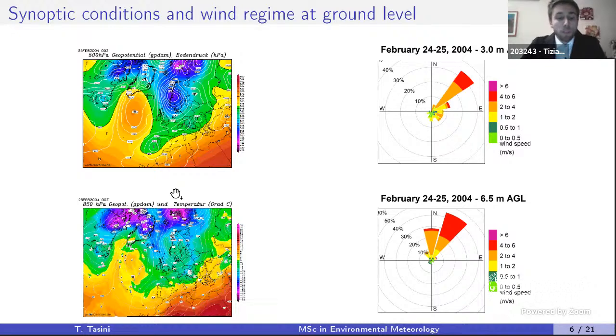Bottom left, the geopotential and temperature map at 850 hectopascal with the cold air advection over Europe. Top right, the wind roses 3 meters above ground level with the wind from northeast. And bottom right, the wind roses 6.5 meters above ground level with the wind from the north.